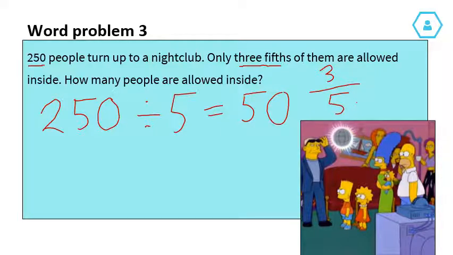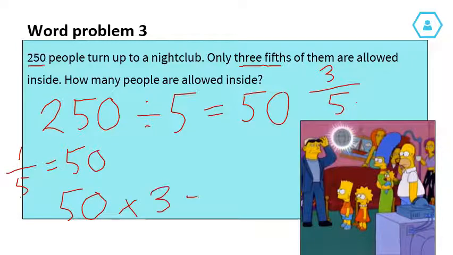So in that case, I could just do it mentally nice and quickly, but I'm not finished yet because 50 tells me what 1/5 is. 1/5 equals 50. But I want to find out what 3/5 is. So now I get 50 and I multiply it by 3.